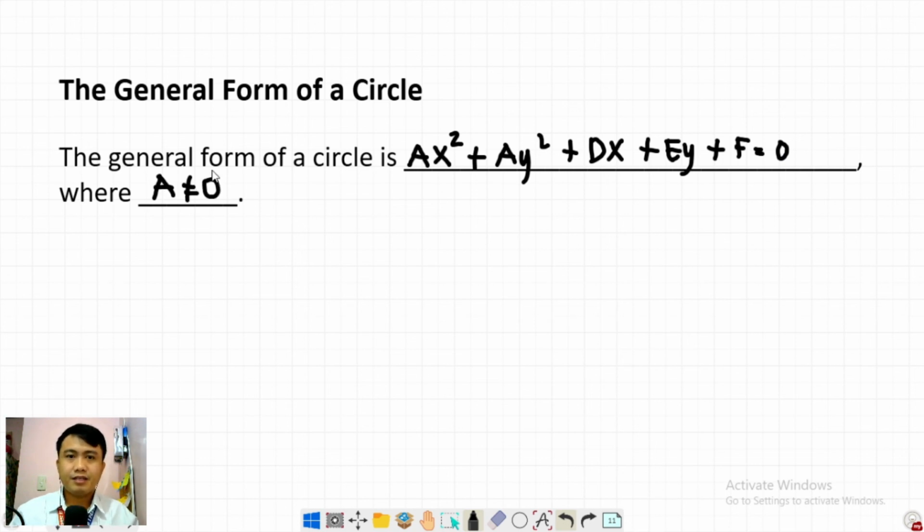Yan. That is the general form of a circle. Wherein our a, our d, our e, and our f are, of course, real numbers, no? Given that a must not be equal to 0. Bawal daw 0 ito. Pag 0 yan, hindi na siya circle. Okay, so ganun po ang itsura ng ating general form.